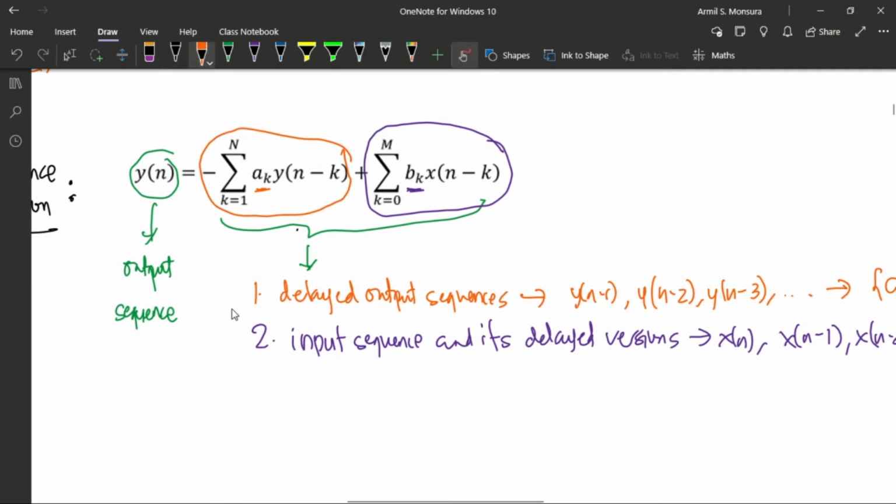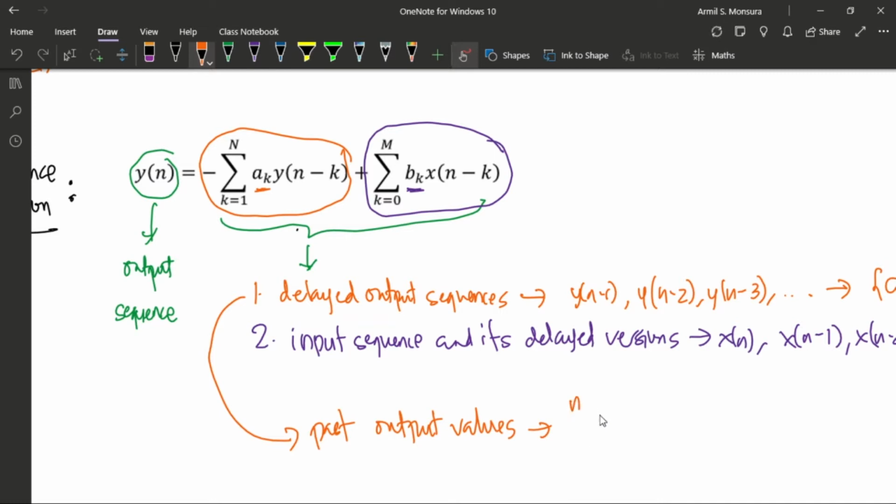Minsan itong delayed output sequences natin, ginagamit natin yung term na past output values. So, bakit natin ginagamit yung past output values to refer to the delayed output sequences in your difference equation? Mangyayari kasi yan kapag sinubstitute nyo na yung n.